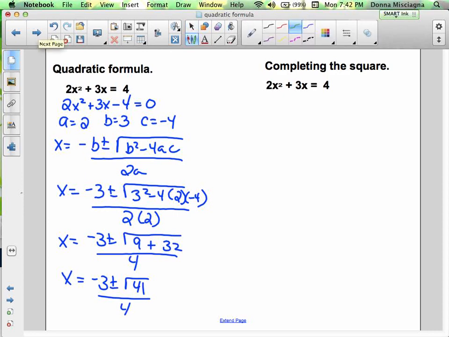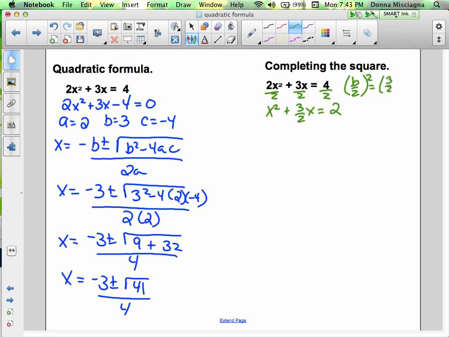All right, let's look at the other side. We've got our constant over, but a is not 1, so we're going to have to divide everybody by 2. So x squared plus 3 halves x equals 2. Now we're going to add b divided by 2, squared. This time our b is 3 halves.